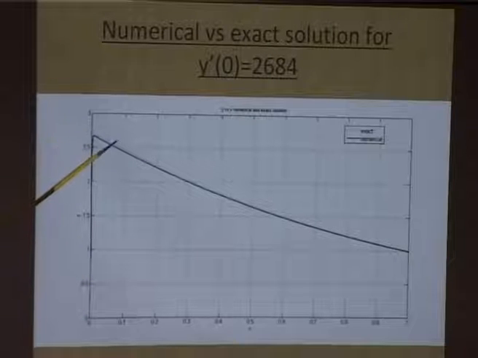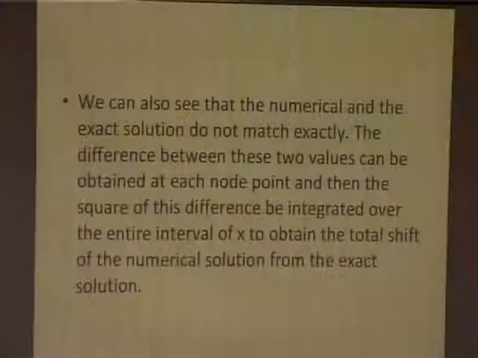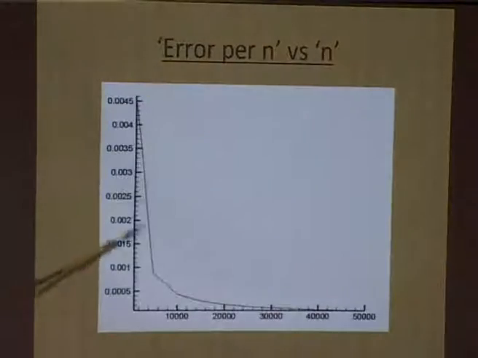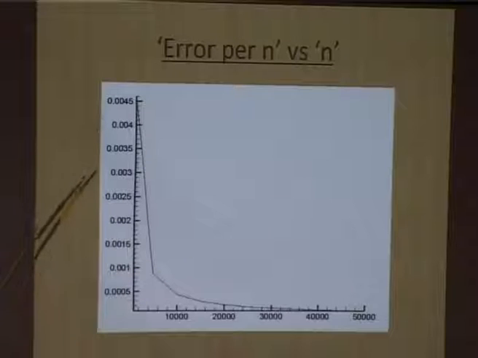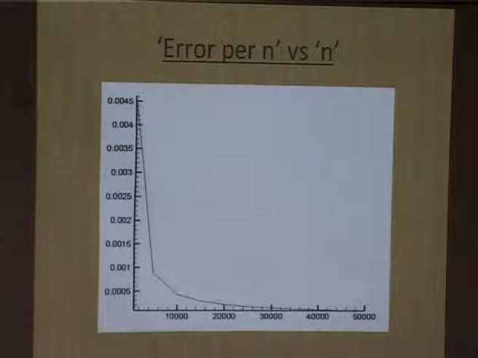If we plot it, we get the error versus n, where n is the number of grids that we employ.